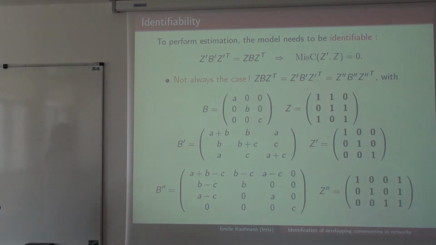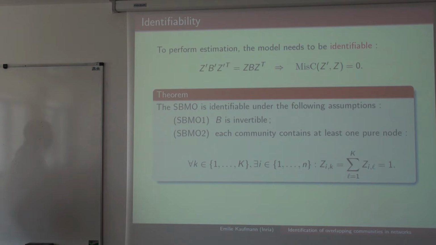And we see from this example that the assumption won't be that there are at least two communities per node, because here we also have two examples in which we have at least two communities per node, but we don't have the same model. Here we have K communities. Here we have 3 communities. So the simplest conditions that we came up with are the following.